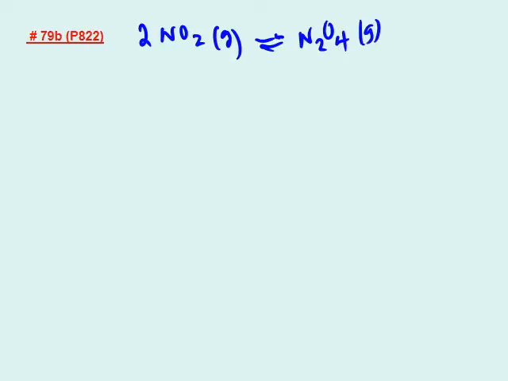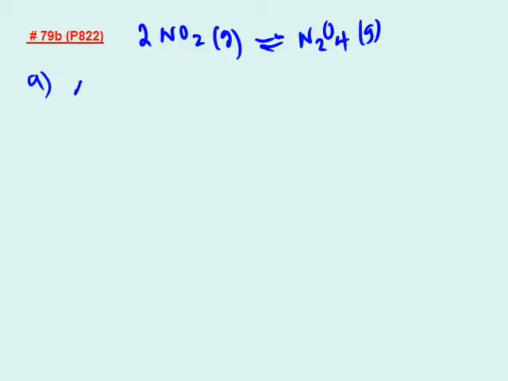In part A, they're saying that by using the data from Appendix C, calculate delta G0 value. Since we're going to need this value for doing part B, let's first calculate delta G0 value.